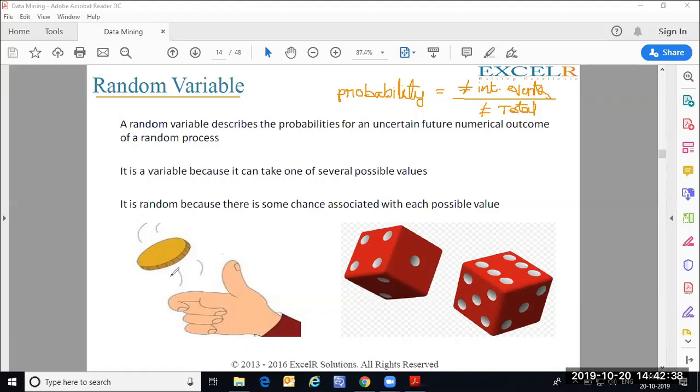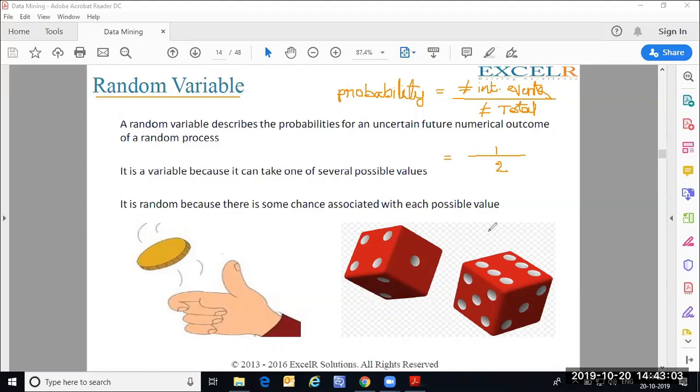So when we are flipping a coin, what are the total number of possible outcomes? 2, head or tail. But we are interested in which outcome? Head. So that is number of interested events is 1. That is 1/2, which is nothing but 0.5.